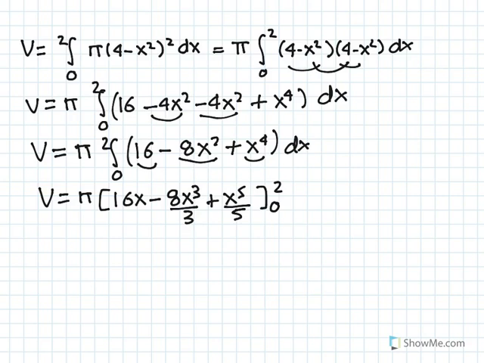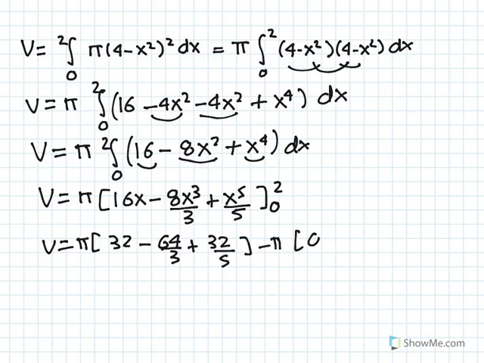We substitute the upper limit in, subtract the lower limit. Volume is equal to pi, 16 times 2, that's 32. Plug 2 in, we get 2 cubed is 8 times 8, that's 64 over 3, plus 2 to the 5 is 32 over 5. Minus pi, plug in 0 and we get 0 minus 0 plus 0.